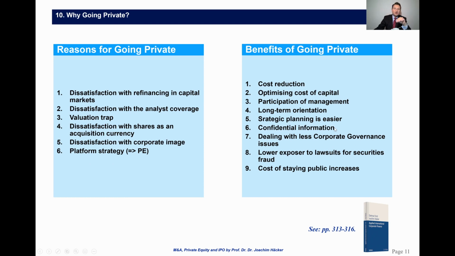There is no pressure, no need to publish all share price influencing information. You deal with fewer corporate governance issues, and actually your exposure towards lawsuits for security fraud is much lower.